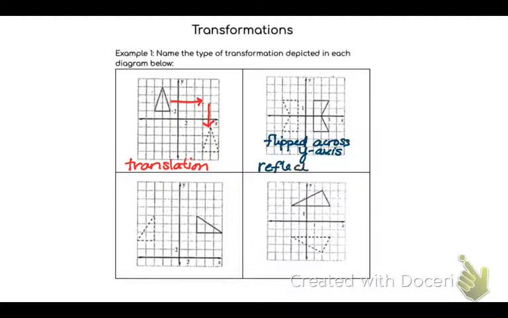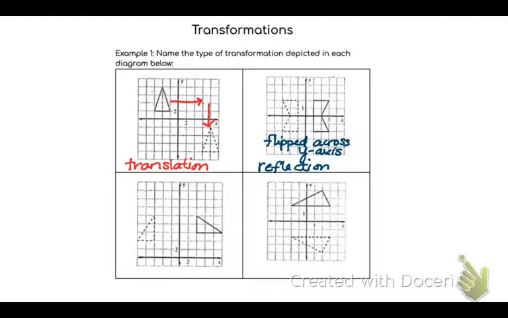There are other types of reflections, and we're going to look at several different ones when we get to that particular type. We can flip across the y-axis, the x-axis, actually any line in the coordinate plane.